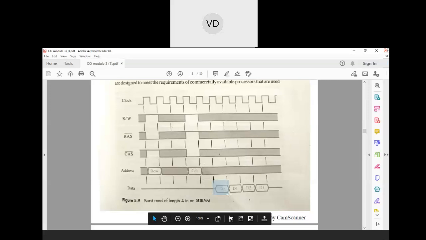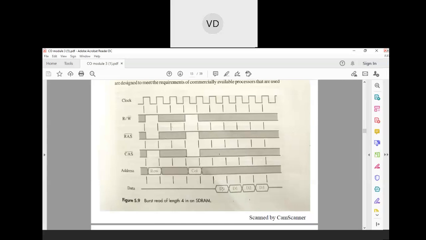Once the first data byte is found, it is kept on the data line. Then immediately, without any delay, the address is sequentially incremented to the next one. When we take a 32-bit computer, if my address begins at 5000, the next address will be 5004, because 32 bits means a word length of 4 bytes. 4 bytes equal 1 word.